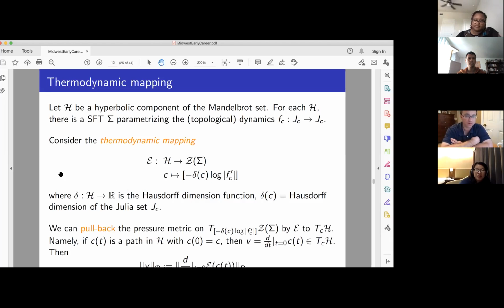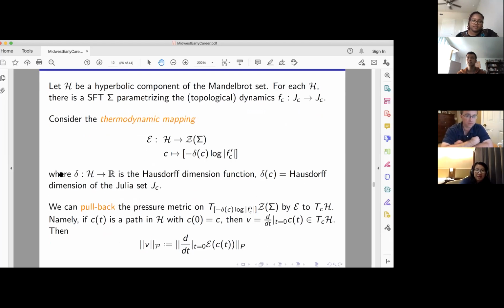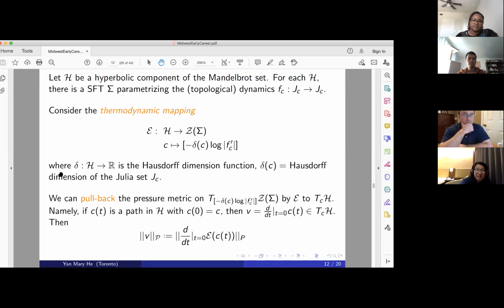Right, so using this map, we can pull back the pressure metric to the tangent space at C in the hyperbolic component. So how do we do this? Well, we take a path in the hyperbolic component with the starting point being C, and the derivative of this path is the tangent vector in the tangent space T_C H, right?